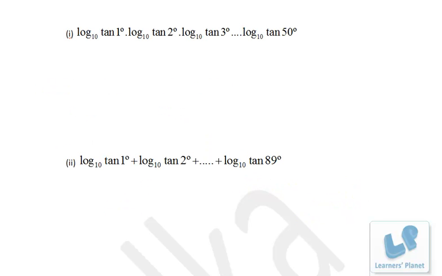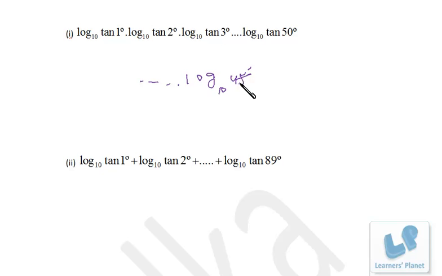Now to be able to solve this problem, you should have the basic knowledge of trigonometry as well. You must attend the basic sessions of trigonometry. Here log tan 1 degree to the base 10, log tan 2 degree to the base 10, and the counting is going on till tan 50 degree, right? So friend, while writing, in the middle there must be this term, obviously.